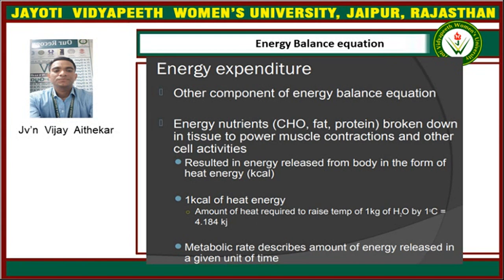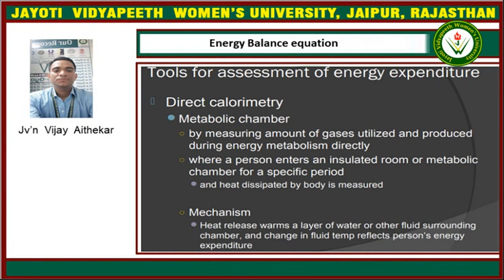One kilocalorie is the amount of heat required to raise the temperature of 1 kilogram of H2O by 1 degree Celsius, or 4.18 kilojoules. Metabolic rate describes the amount of energy released in a given unit of time. Tools for assessment of energy expended: direct calorimetry, using a metabolic chamber.